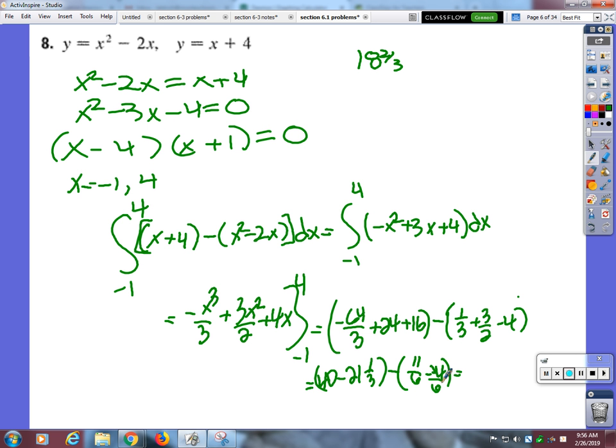So 11 minus 24 is negative 13, but then it's going to be plus 13 sixths. So that is 18 and 4 sixths plus 2 and 1/6 is 20 and 5/6.